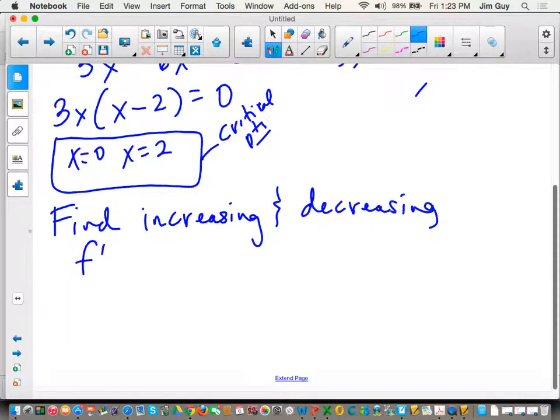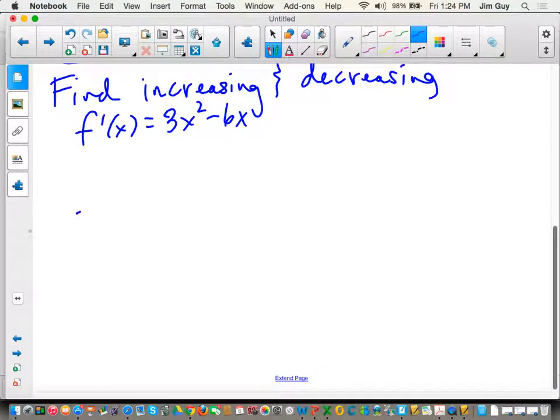So we have our derivative, f prime of x is equal to 3x squared minus 6x. I take my critical points, and what I want you to do is to make a number line, or a chart, or a table, or whatever you want to call it.